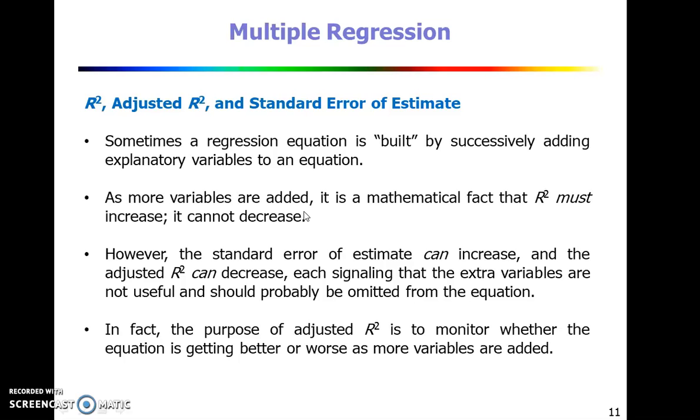It cannot decrease. However, the standard error of estimate can increase and the adjusted R square can decrease. Because of that, we go for adjusted R square, each signaling that the extra variables are not useful and should probably be omitted from the equation.